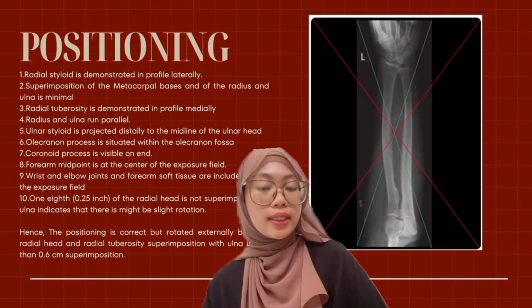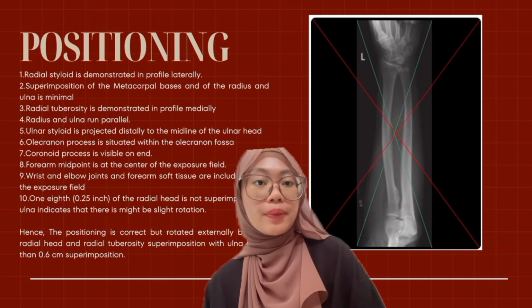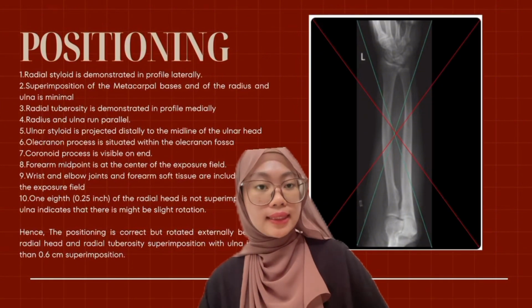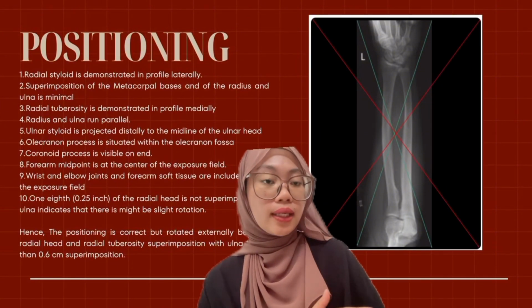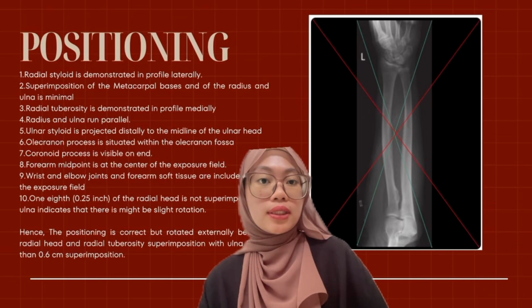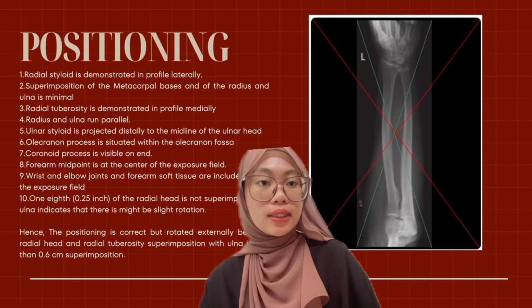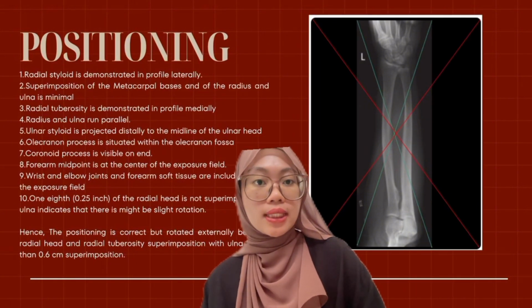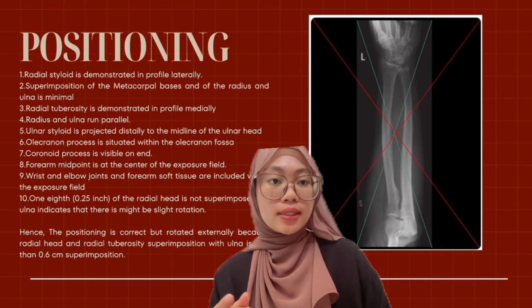The radius and ulna run parallel to each other, the ulnar styloid is projected distally to the midline of the ulnar head, the olecranon process is situated within the olecranon fossa, and the coronoid process is visualized on the end.